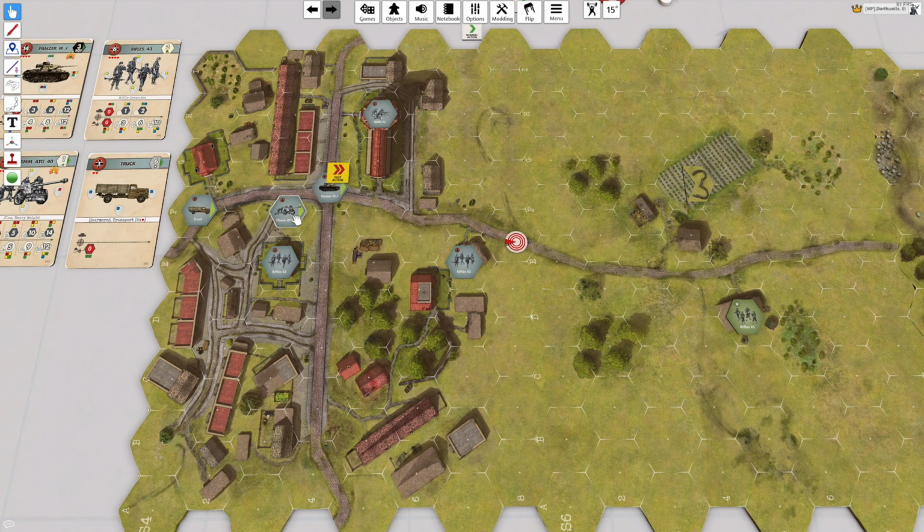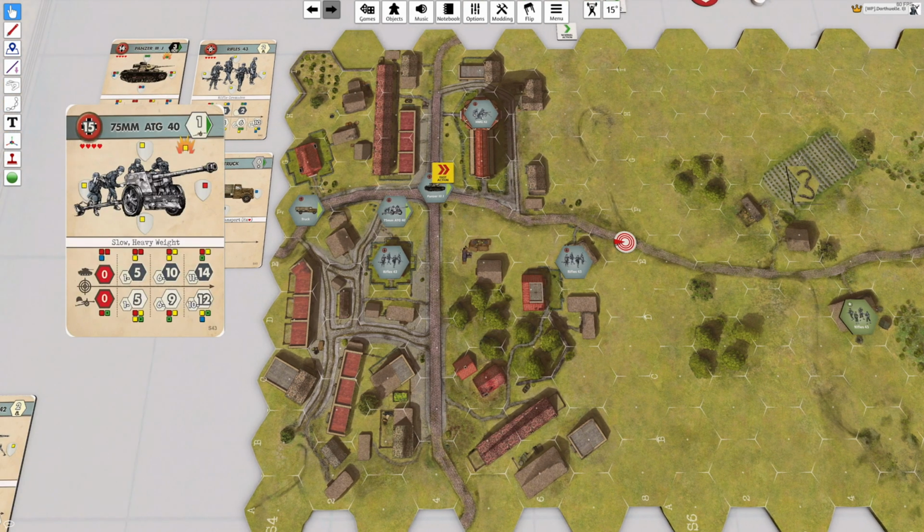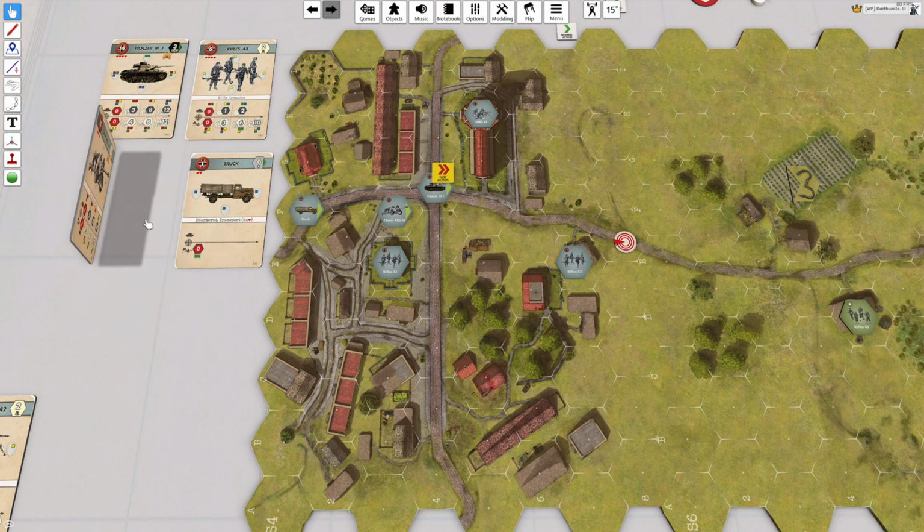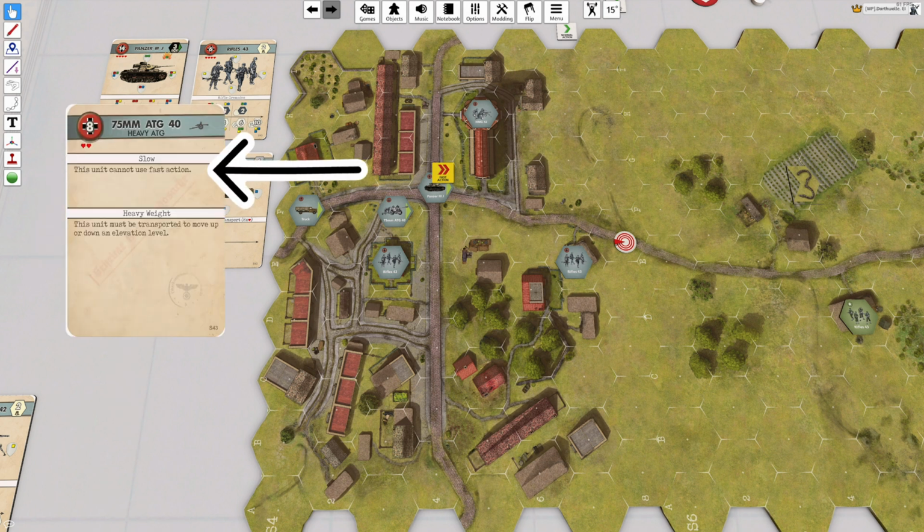If I want to move my artillery or my anti-tank gun, I have to take into account the special abilities and attributes. I see here slow and heavy weight, and I flip the card to check slow. This unit cannot use fast action, so with this unit I'm not allowed to perform a fast action.